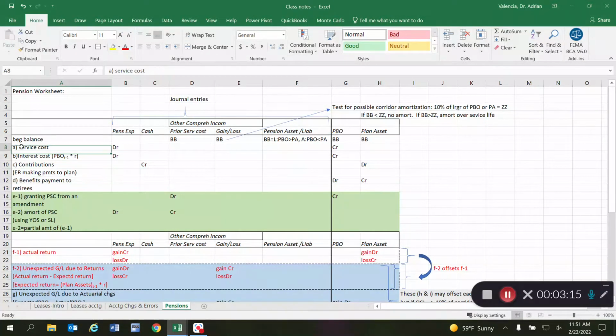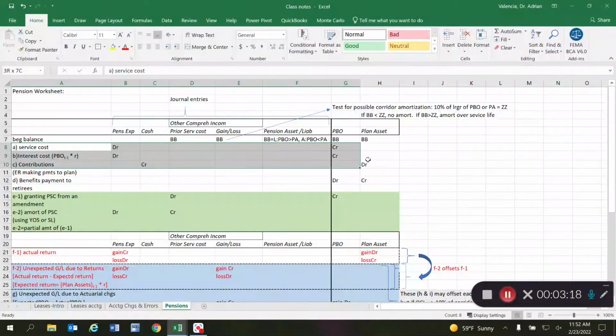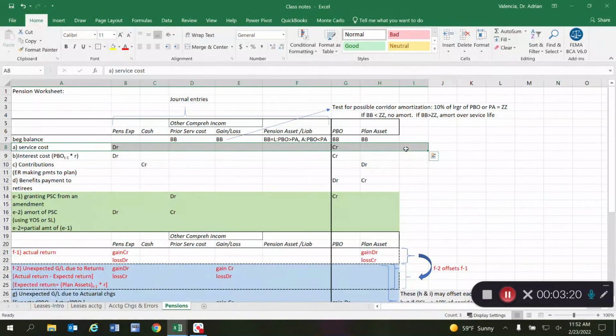Here's the first thing. During any period, you will have the service costs related to this pension. Just to be clear, this accounting relates to a defined benefit plan, not a defined contribution plan.